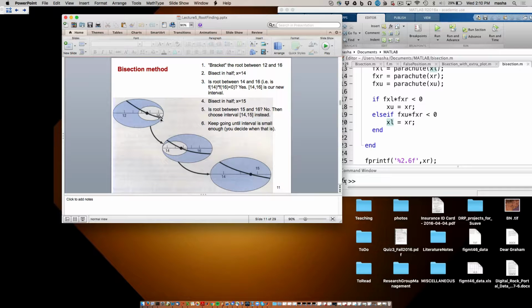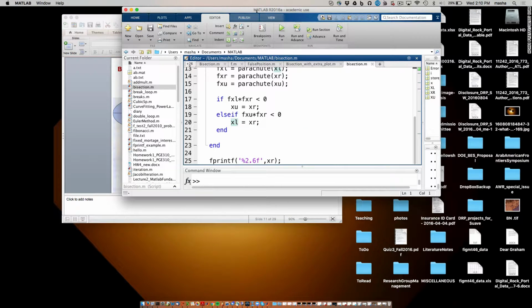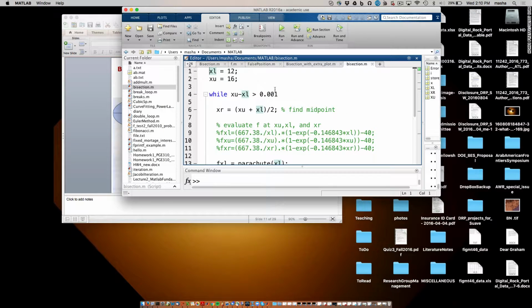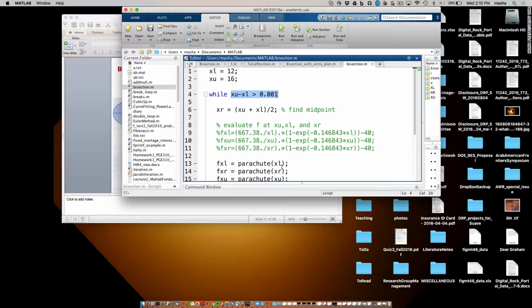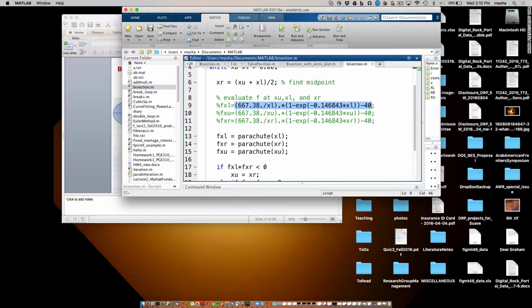All right. So this was our bisection method, and actually I have it here. This is what we worked on in class. This is one way to solve it. So basically I picked my bracket. This is just a script. And I say, okay, while this difference, which is basically how close I am to my root, is larger than some fixed number that you pick, some tolerance, then find the midpoint, okay? And I had a side function called parachute that computes precisely this for every input value of x.